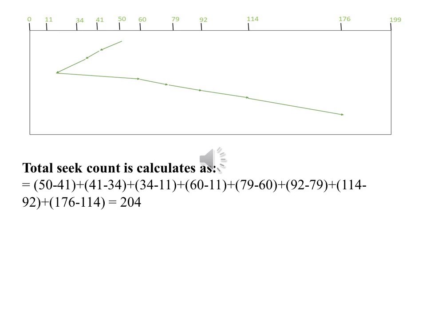We have all the numbers like 176, 79, 34, 60, 92, 11. We can check which one is very near to 50. So here we are finding the number, the place, where the head will reach fast.